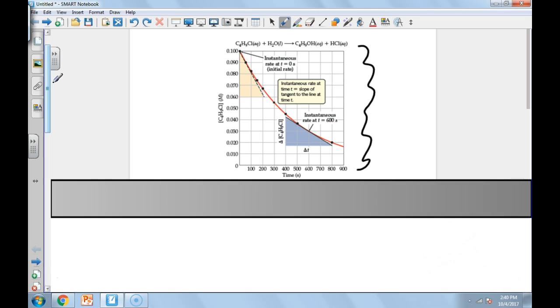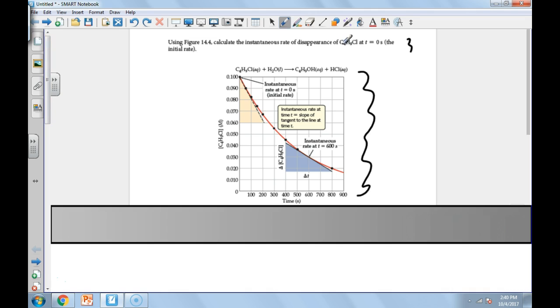Okay, so the question asks for what the instantaneous rate is of the disappearance of this compound, right? And so the instantaneous rate at time 0 is the slope of the tangent line at time 0.